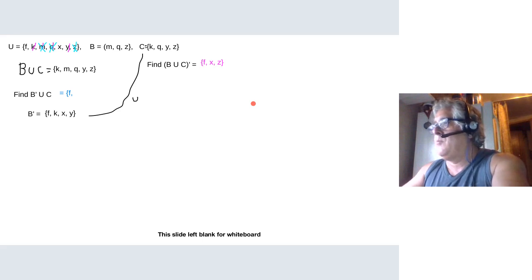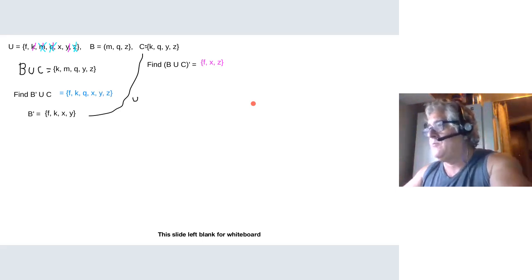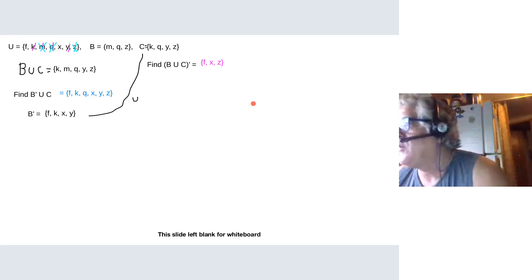And put them in order, say, K, Q. They don't have to be in order, but it kind of makes it easier to do. So putting those two together, F, K, Q, X, Y, and Z. So that's it.